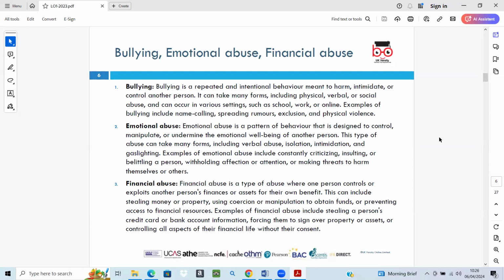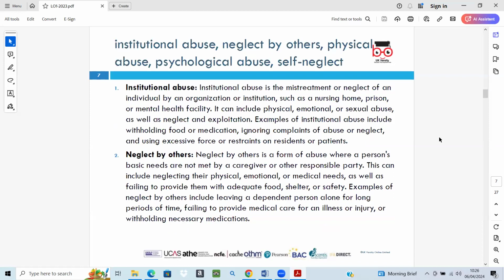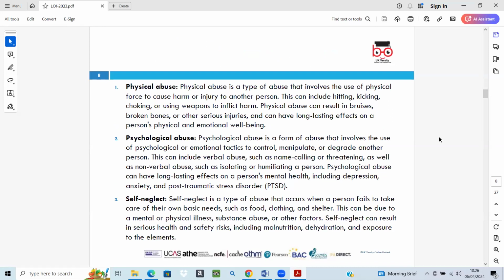Neglect by others is failing to provide necessary care, support, or assistance to someone, leading to their harm or discomfort. Then we have physical abuse. Physical abuse is inflicting physical harm or injury on someone through actions like hitting, kicking, or burning.